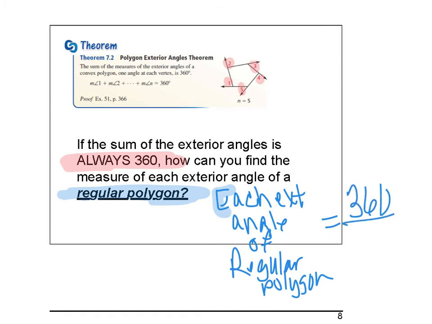And we are just going to divide by however many sides it is. So again, when you read the questions, read them carefully and ask yourself, are they asking about interior angles or exterior angles? And are they asking for a sum of the whole thing or for each angle? So read your questions carefully.